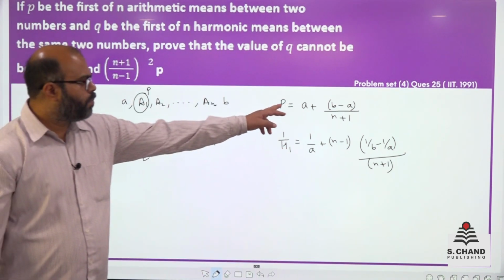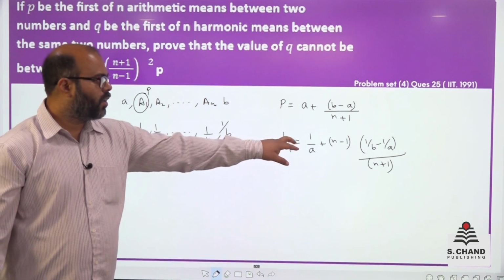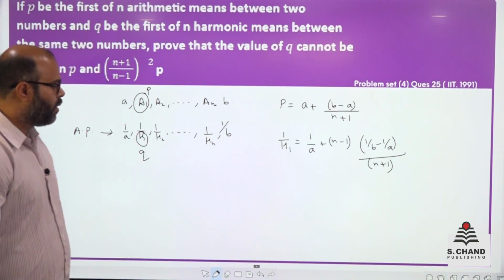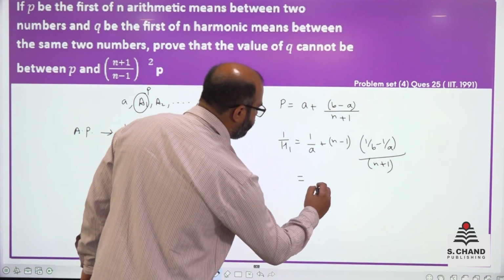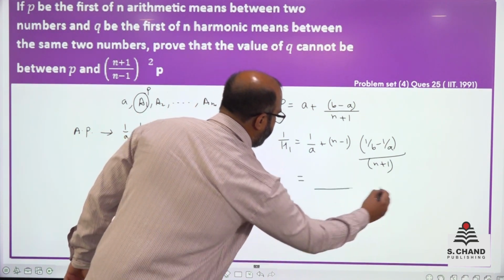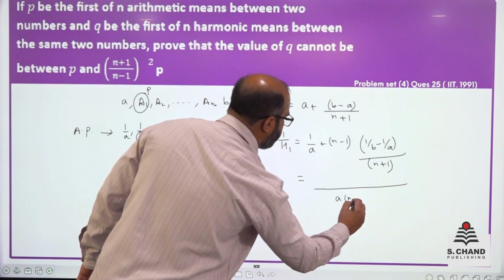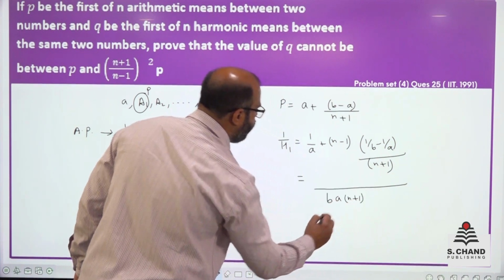So it is similar to the arithmetic mean, but there is a concept of reciprocal here. Now from here, on taking LCM, A(n+1)B also.